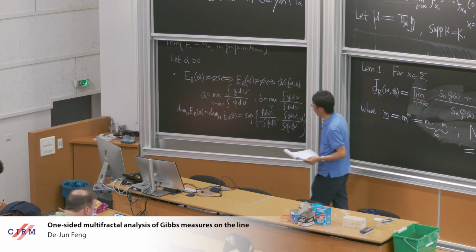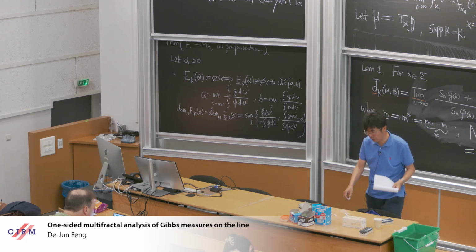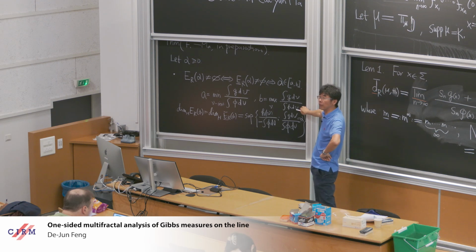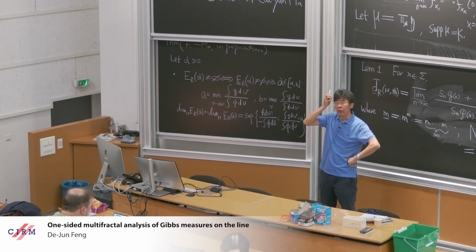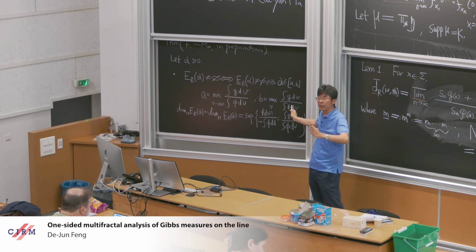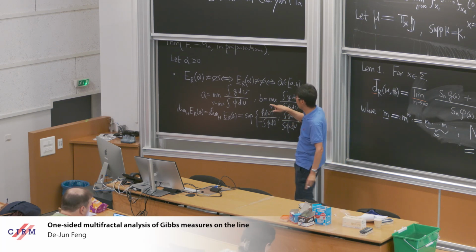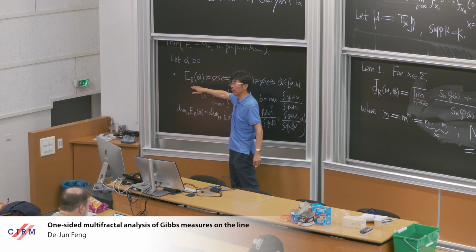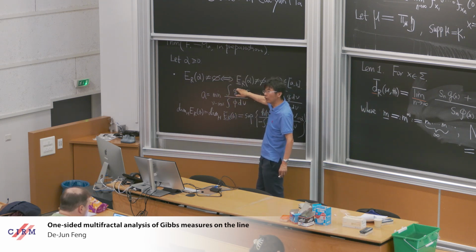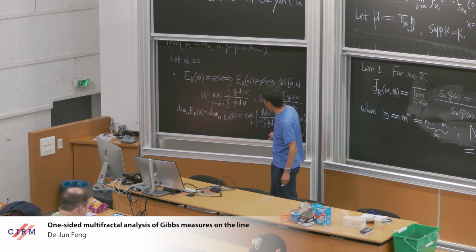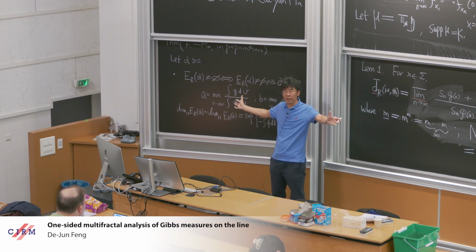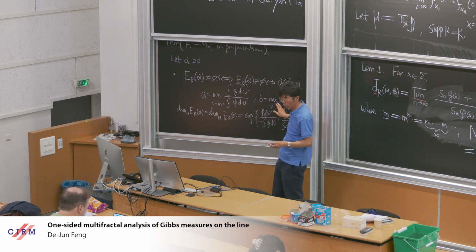Okay. So that's the first part. Actually, this result is the same as the two-sided one. So there is no difference when you consider the one-sided local dimension or the not one-sided local dimension. In that case, the level set has the same dimension as the two-sided one. So no difference at all.